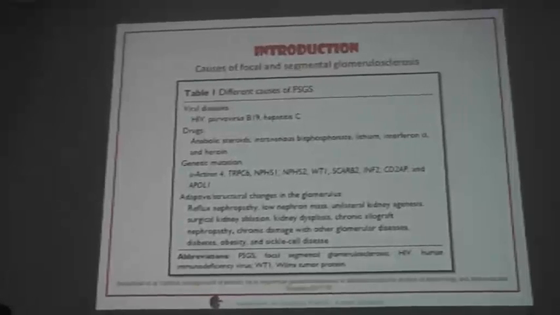These are the different causes of focal segmental glomerulosclerosis: viral disease, drugs, genetic mutations, and some adaptive and structural changes in the glomeruli, including reflux nephropathy, hypertension in some cases, diabetes, obesity, and sickle cell disease.